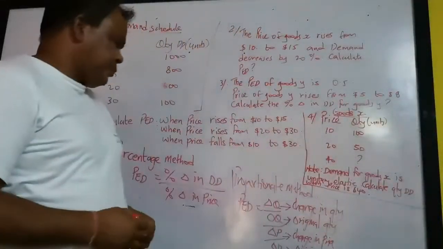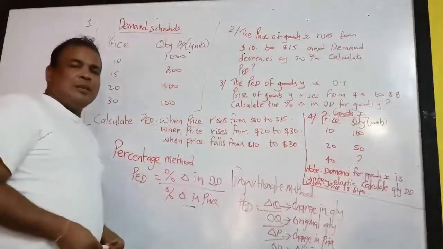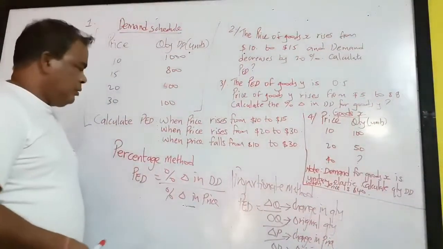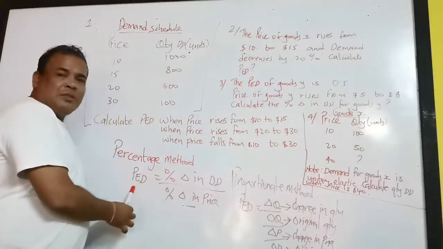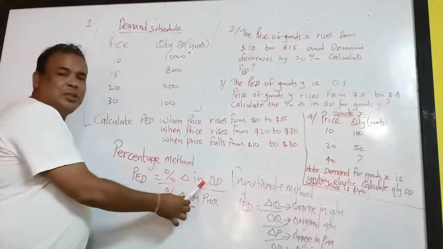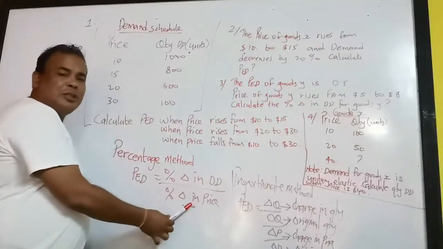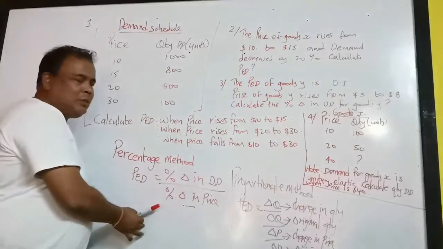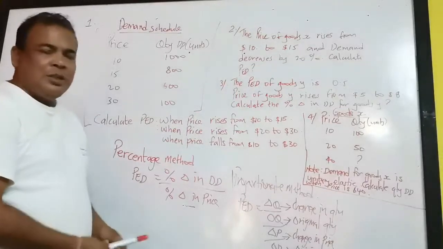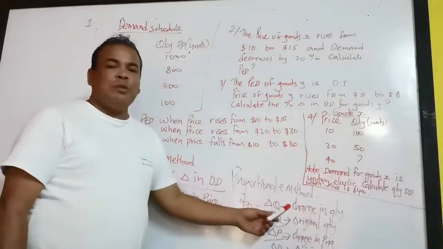Here we are. There are two methods to calculate price elasticity of demand. We have the first one, the percentage method. Price elasticity of demand is equal to percentage change in demand over percentage change in price. This is one method of calculating PED, price elasticity of demand. Or we can use the proportionate method.